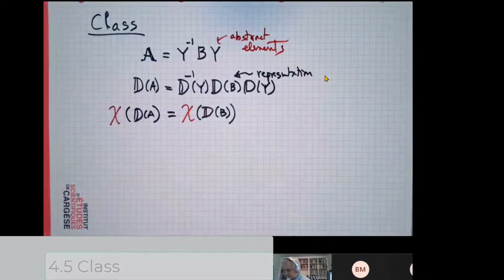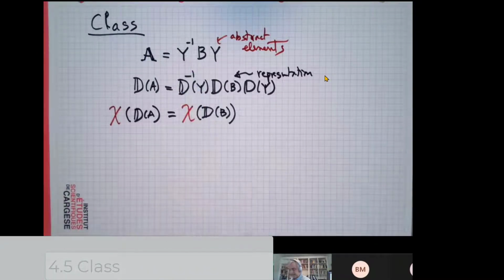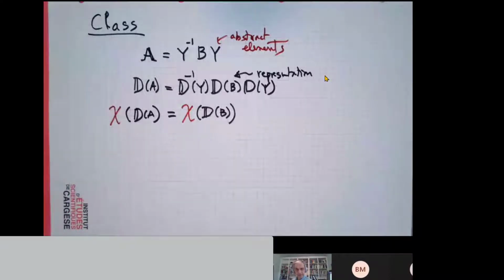So what it says is that all elements which are related by conjugation, ugly word, but it just means going into a different frame and coming back, are of the same class. This agrees with our intuitive notion because flips will be one class and rotations will be one class.